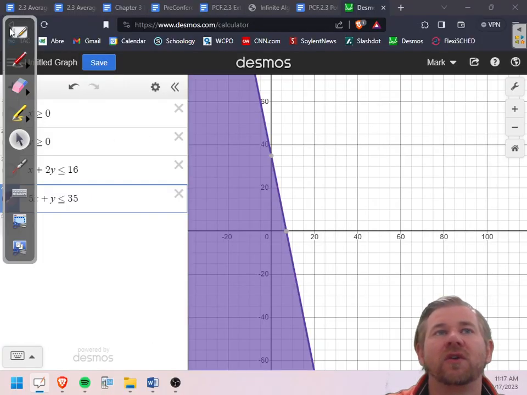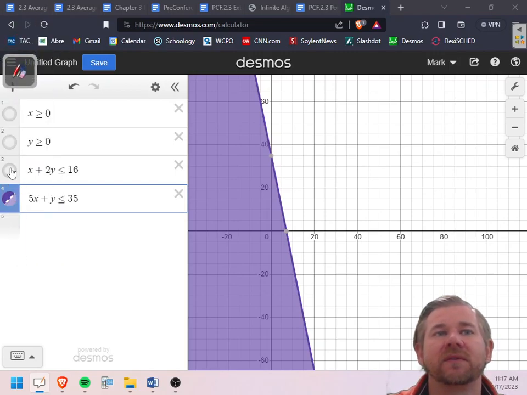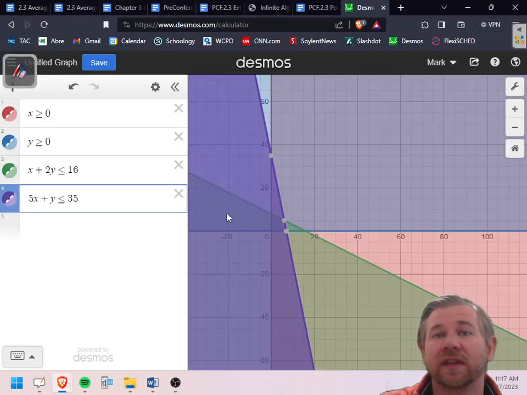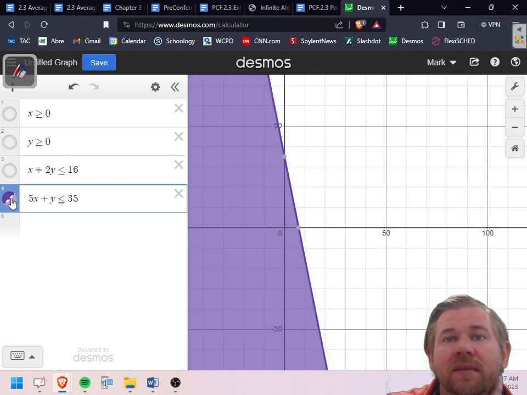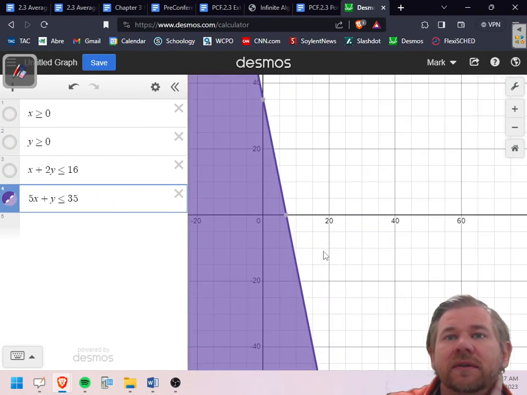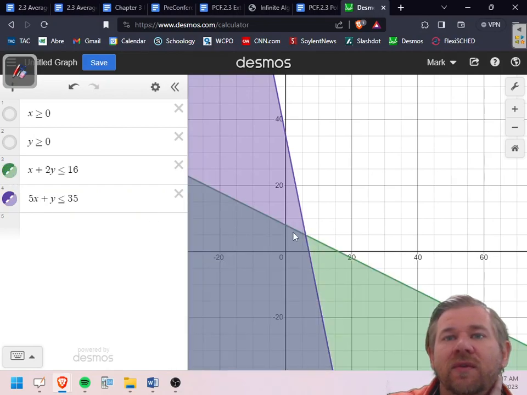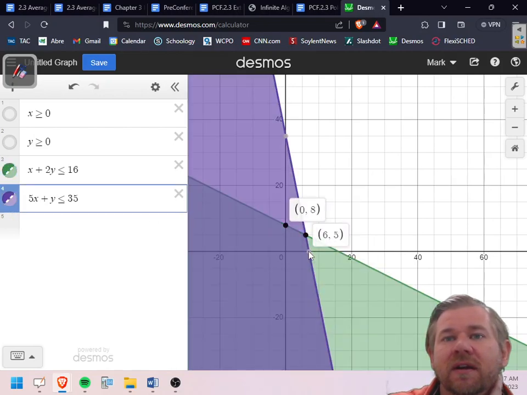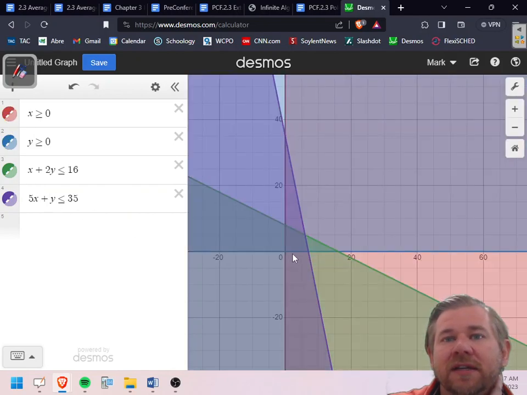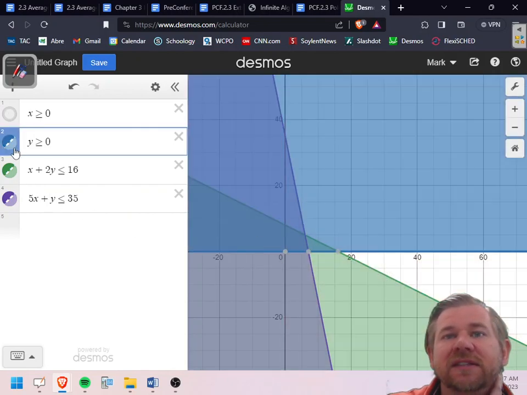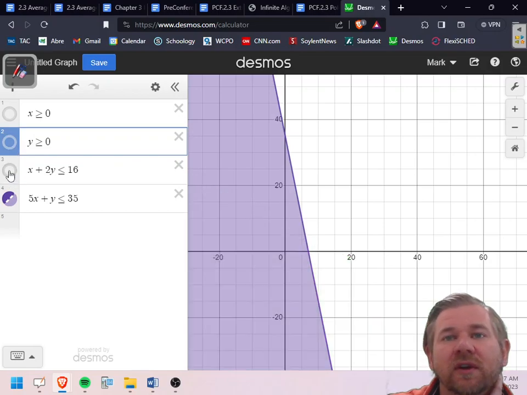Okay. So first thing I'm going to do is graph them and see if I can find the overlap between all four. And let's see. I'll do one at a time. So purple, there you go. Okay. And then green. So right now, the feasible region is right here with those intercepts. And it looks like that's going to actually be all four. So the spot that's overlapping all four is what we're looking for.